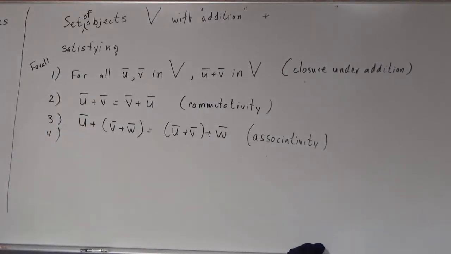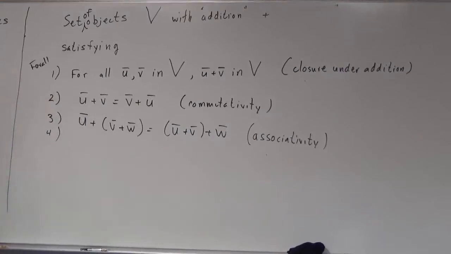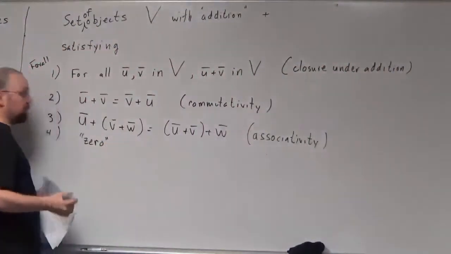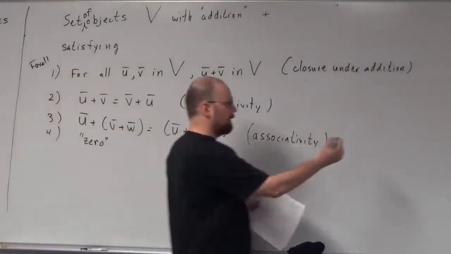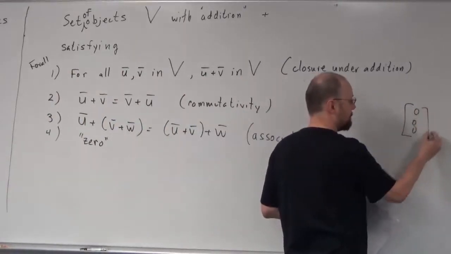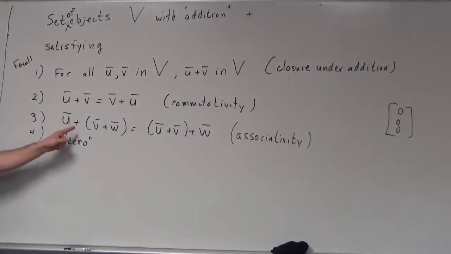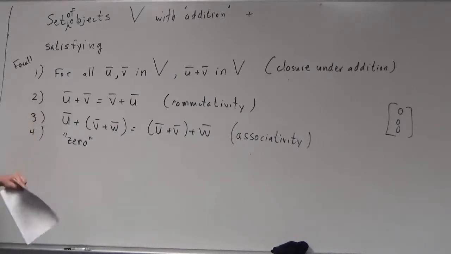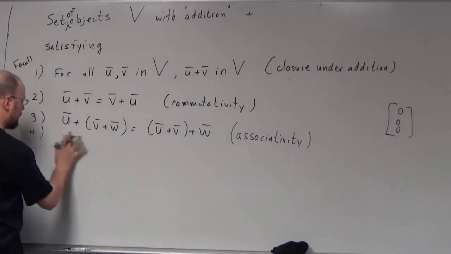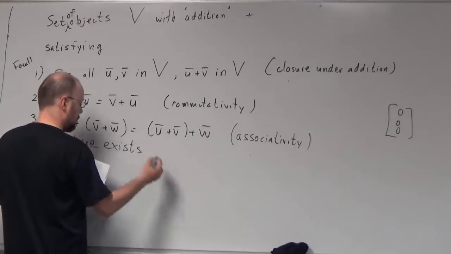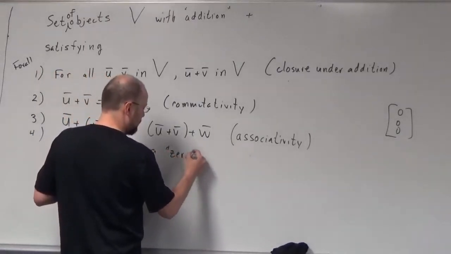There is an object called the additive identity, or the zero, and here we have to be really careful. If I talk about the zero vector, I'm just talking about generic vectors. You're thinking, oh, this is the zero vector. Well, how we define the zero vector depends on how we define this operation and what kind of objects we're dealing with. I'll show you examples where the zero vector is not really zero. So there exists a zero vector, or additive identity.